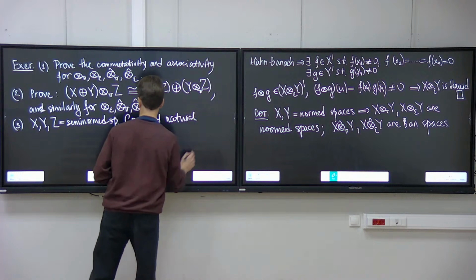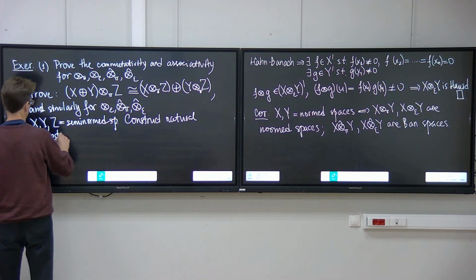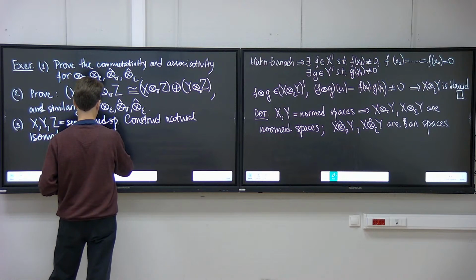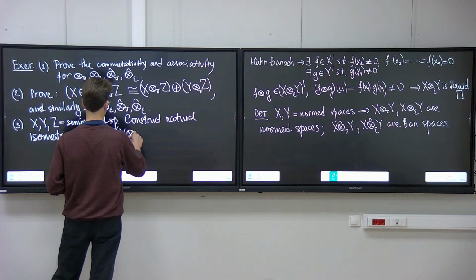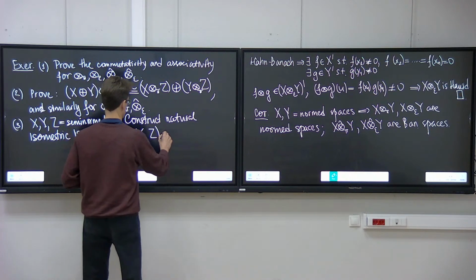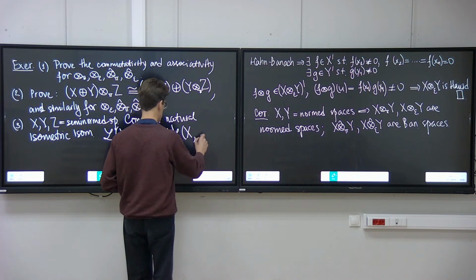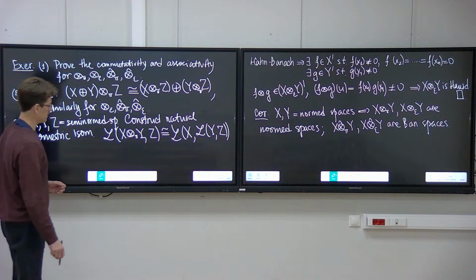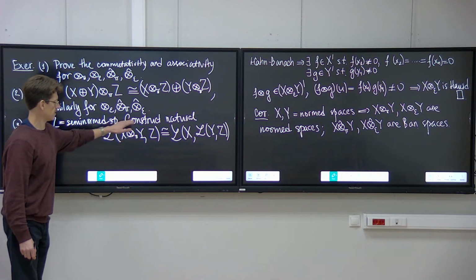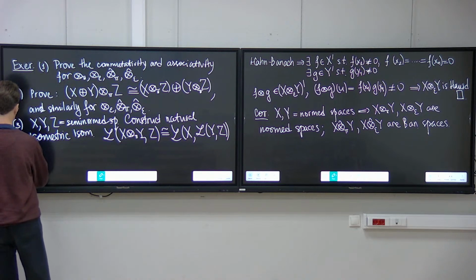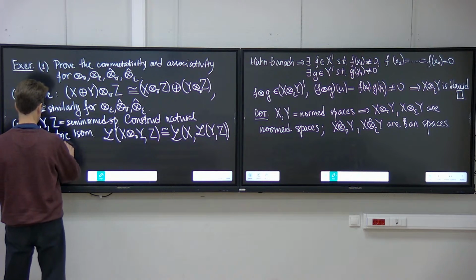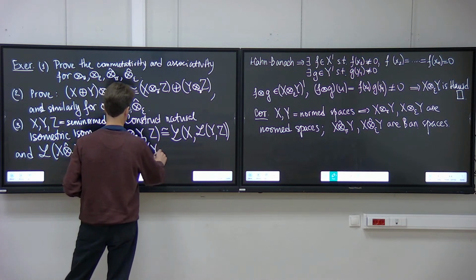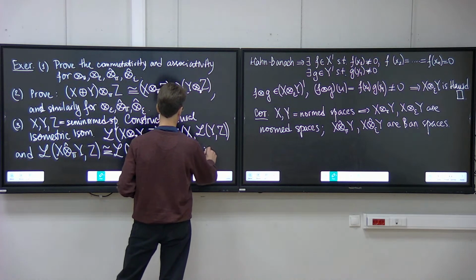Natural isometric isomorphisms between the space of continuous linear maps from X tensor Y to Z, and the space of continuous linear maps from X to the space of continuous linear maps from Y to Z. And if Z is a Banach space, then we can replace here the projective tensor product by the complete projective tensor product.